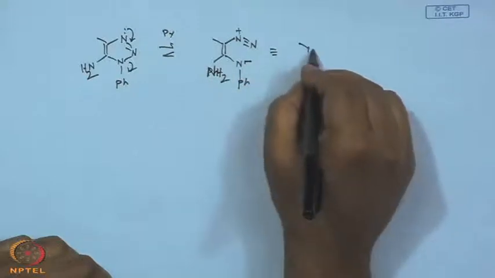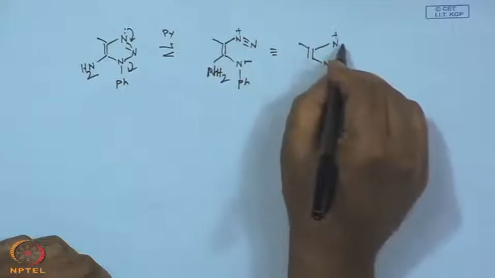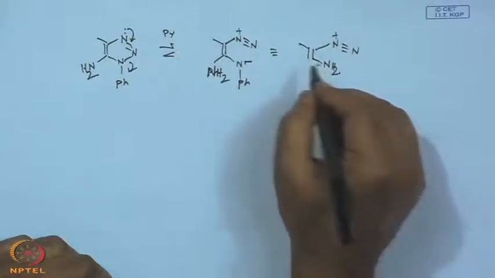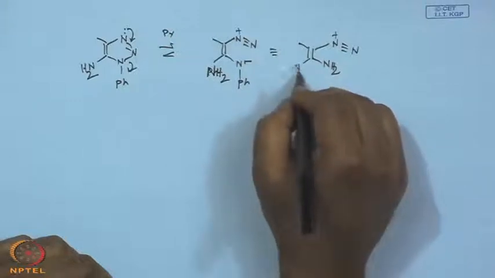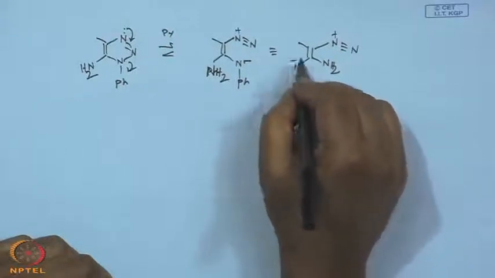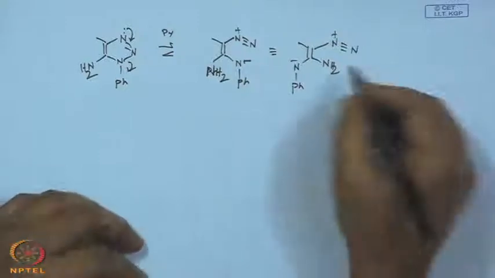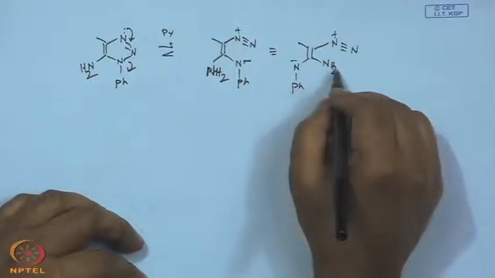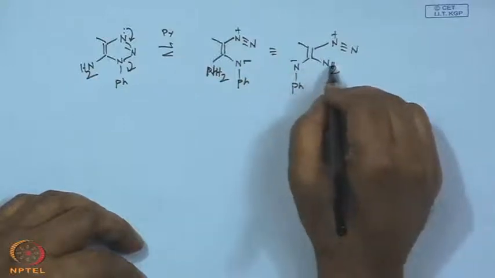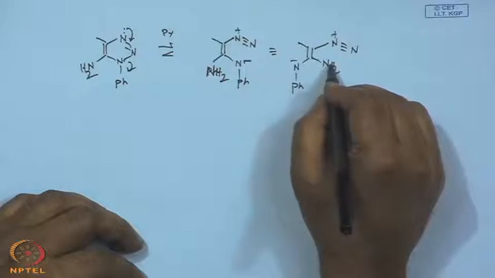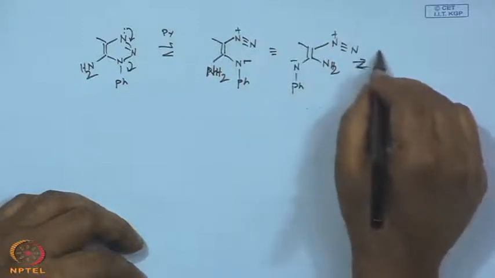This is equivalent to that, just rotate this NH2 here, nitrogen plus, and now this is N and Ph, right. All of you can understand that this proton can undergo internal transfer, making this nitrogen NH or this nitrogen negative. So, it can be in equilibrium with that.